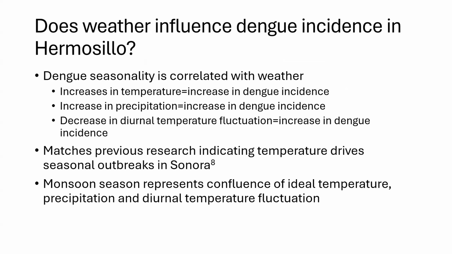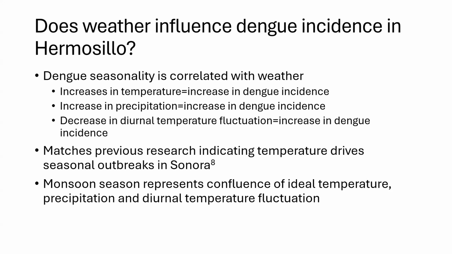So what we're really showing here is that the monsoon season represents this confluence of ideal temperature, precipitation, and also a restriction in temperature fluctuation that allows dengue seasonality to occur and promotes this as the dengue season in the region.